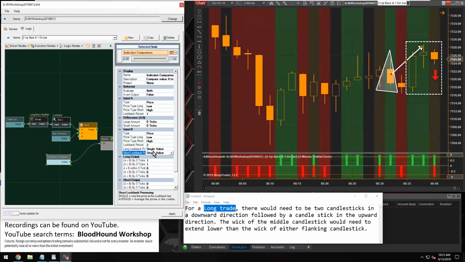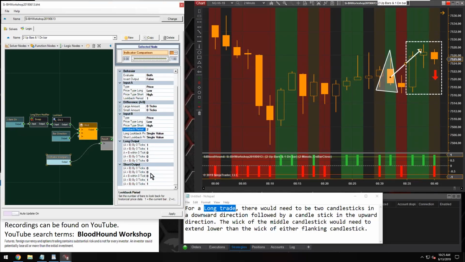Now we need to check the outputs. A is going to be lower than input B. Remember, input A is this high price here, and input B is the high price of 1 bar back. We want to generate a short output, so we want A less than B. The default settings work out just fine for us, and we do get a short output on this bar, so we know that's correct.